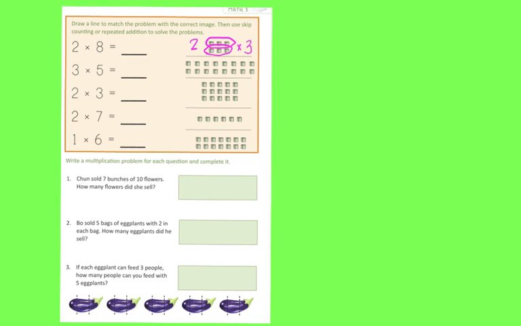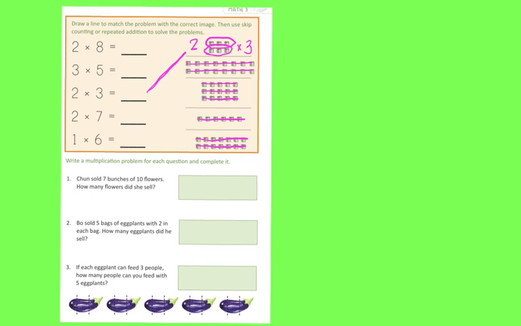So you would match the 2 times 3 here. And then you would answer that. Okay, so be sure that you're making your groups going across instead of up and down. Horizontal groups instead of columns. You can push pause and complete that part.